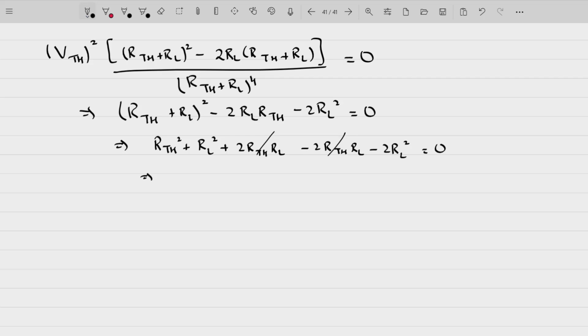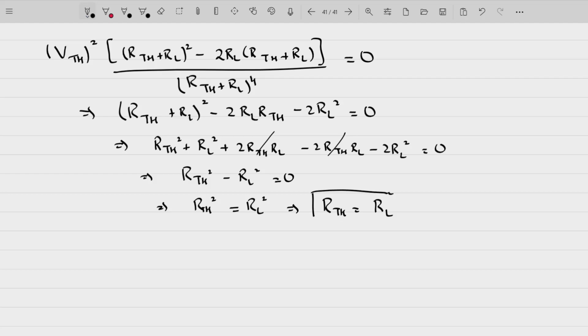So this becomes RTH square minus RL square equal to 0, which implies RTH square is equal to RL square, which implies RTH is equal to, actually plus minus RL, but since resistance cannot be negative, it is RL, taking the square root of both sides.